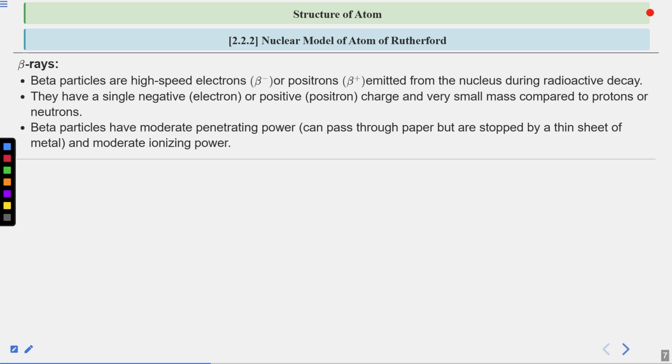If I talk about the penetrating power, then it has an intermediate penetrating power. Now it is intermediate between which two rays? So alpha ray has the least penetrating power, then comes your beta rays. So it can pass through paper, but it is stopped by a thin sheet of metal. Now next, it has a moderate ionizing power.